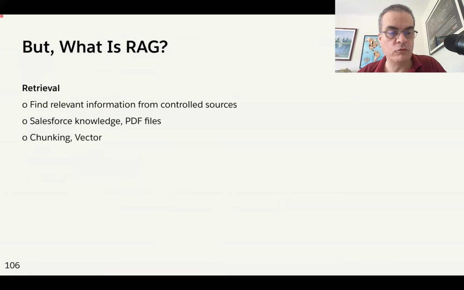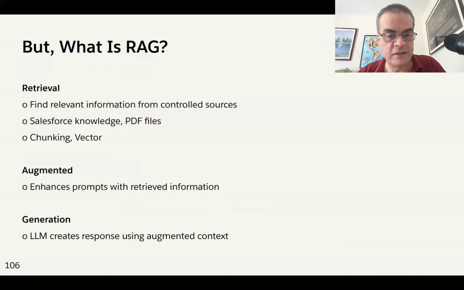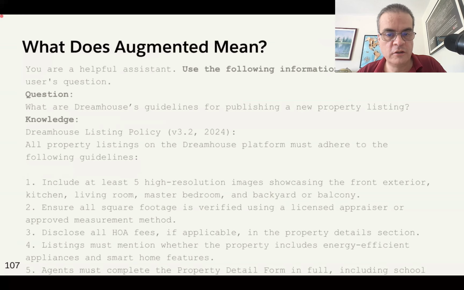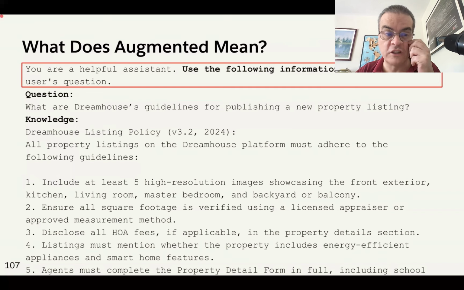So what is RAG? RAG is retrieval, finding relevant information from controlled sources, PDF files, chunking; augmented, just like we saw in the previous exercise where we were augmenting our prompt with JSON; and then it generates an answer. So in a similar way, we say on a prompt, you're a helpful assistant, use the following information to answer the user's question.